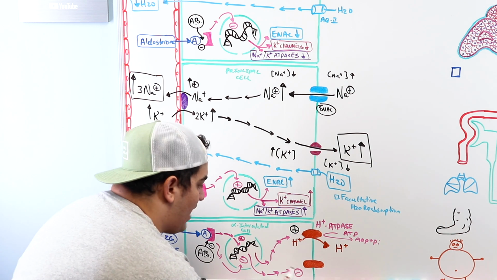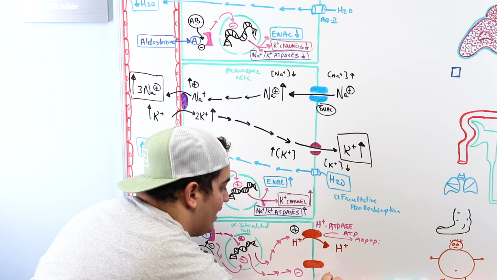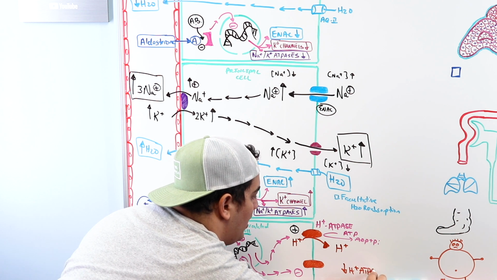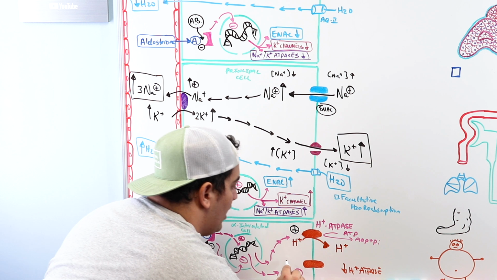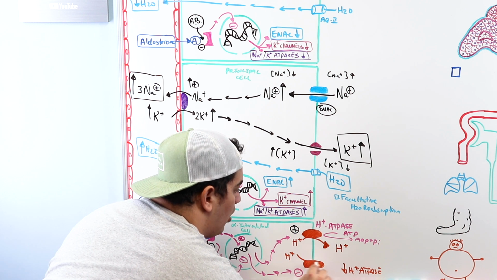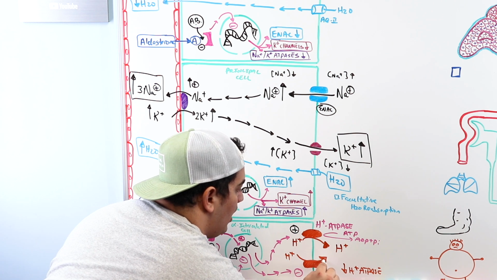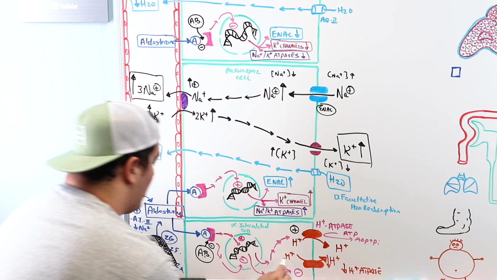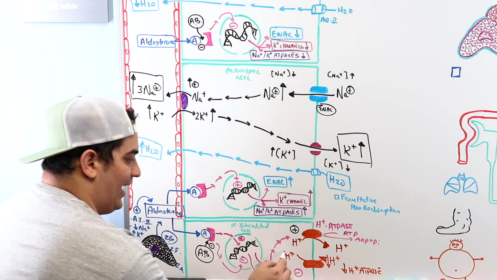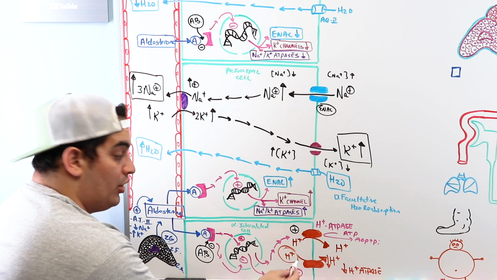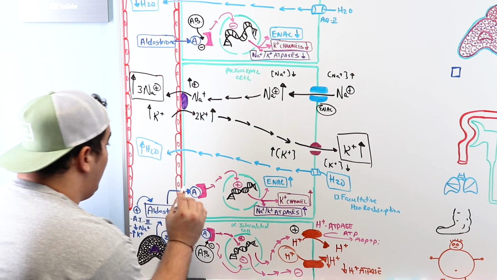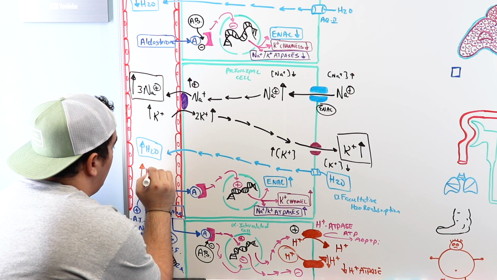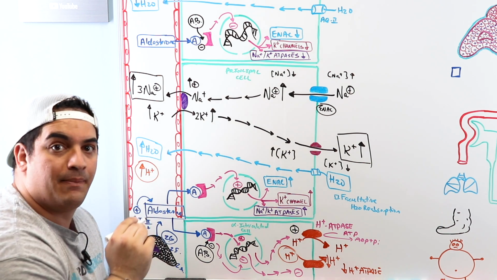So now because of that, I'm inhibiting the proton ATPases. So there's decreased proton ATPase activity. That means that less protons are excreted. If less protons are excreted, that means more protons could potentially be retained in the bloodstream, right? So less protons excreted means more protons present in the bloodstream.